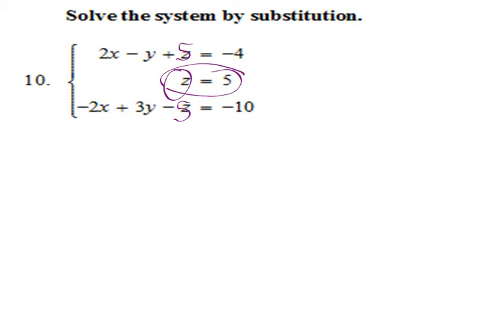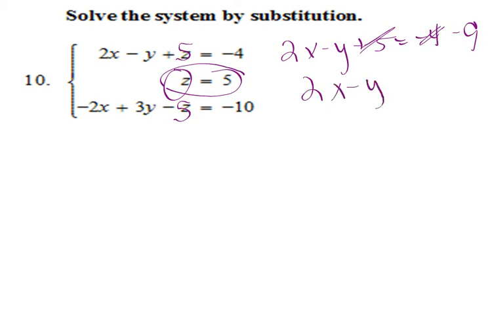So we get 2x minus y plus 5 equals negative 4. Now subtract 5 from each side, and we get a negative 9. So in our first equation, we get 2x minus y equals negative 9.